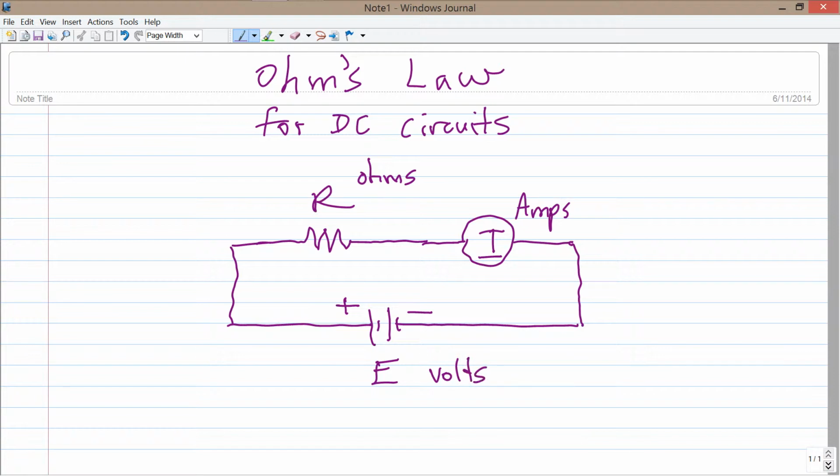The E for voltage, by the way, is the mathematical variable symbol for it, which refers to electromotive force. Electromotive force, just a fancy term for voltage.